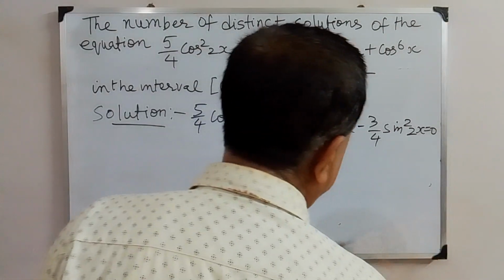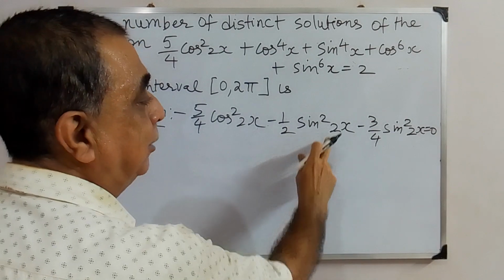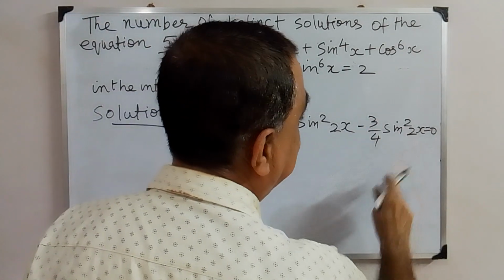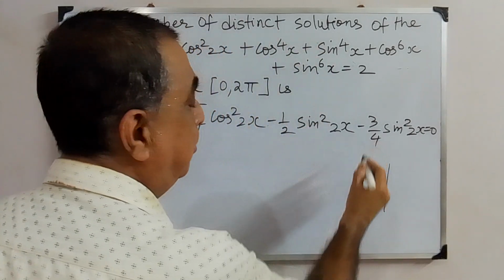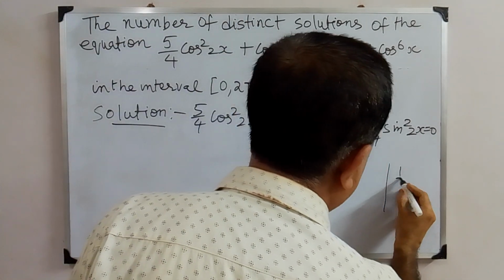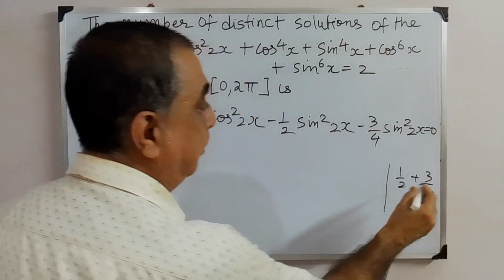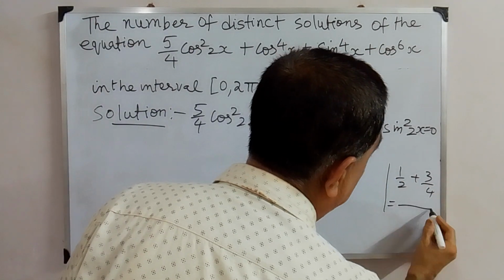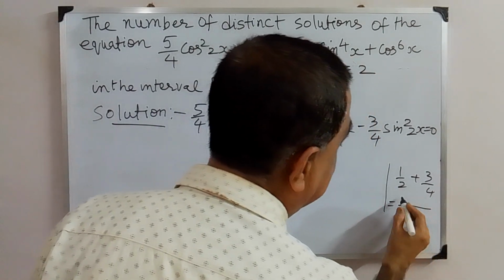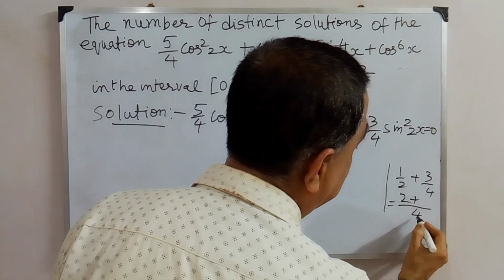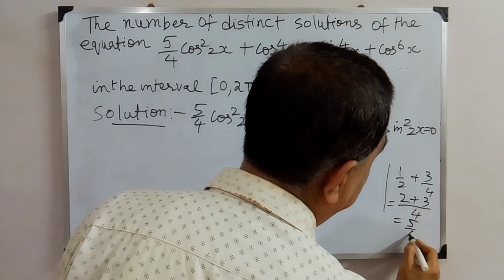Okay, now see here. So now we will add this minus half sin squared 2x and minus 3 by 4 sin squared 2x. So these are both sin squared 2x. So minus half and minus 3 by 4 I am adding here, and in the rough column, half plus 3 by 4. So LCM is 4. 2 is going here 4 2 times. So 2 plus 3, that is 5 by 4.